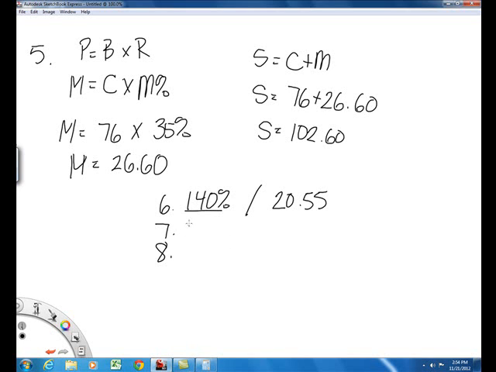For number 7, you should get $125.81 for your cost and $69.20 for your markup amount. And then number 8, you should get $2.76 for your markup amount and $16.56 for your selling price.